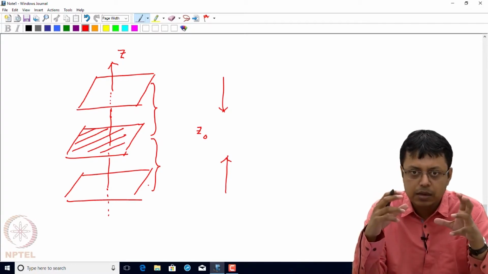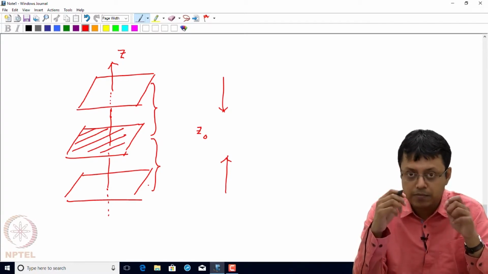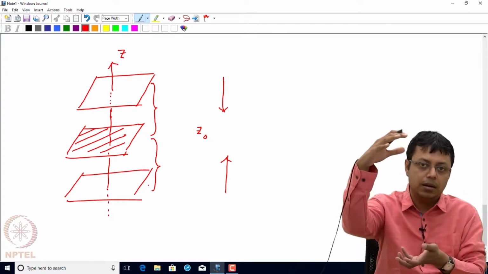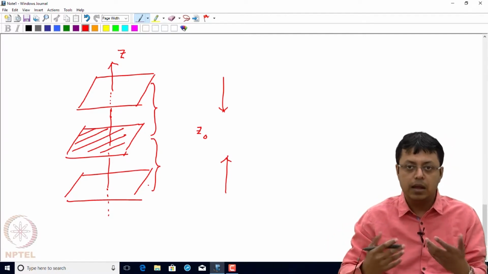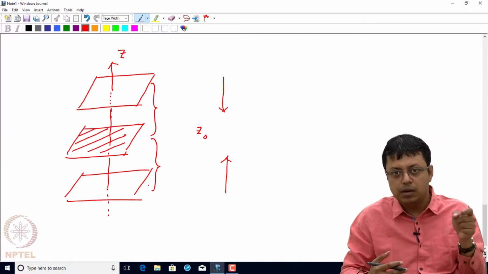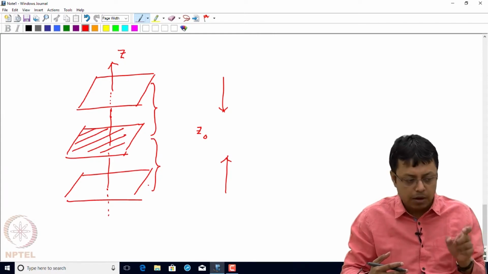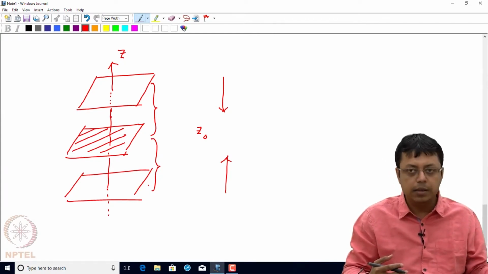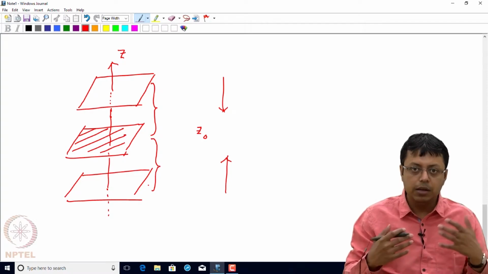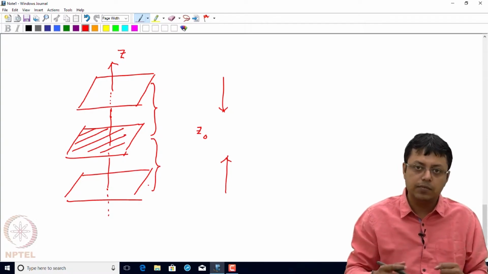This makes sense because if we want to calculate the flux, we are saying that the molecules come from this layer to this layer without any collision, and that connects us to the definition of mean free path, which by definition is the path a molecule travels between two successive collisions.